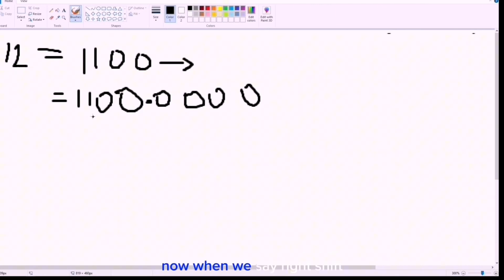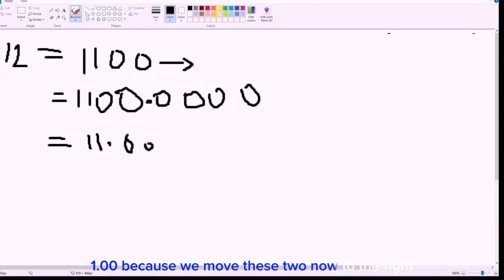So now when we say right shift, what we are simply doing is that we will move, remember it's right shift twice, so we will move these 2 twice over this point sign. That means what we're going to have is 1.00, because we move these 2 now to the right. That's simply what we have.